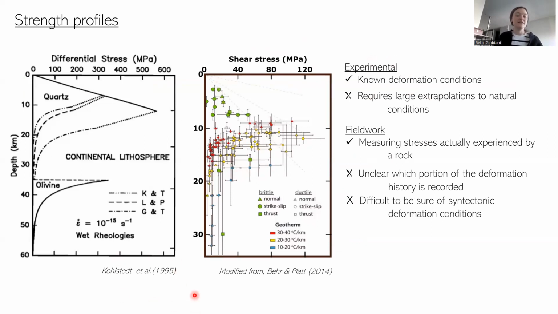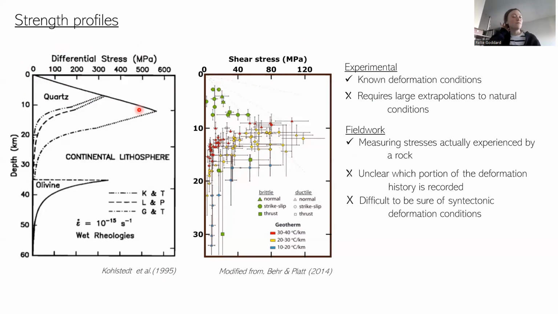So this is a set of experiments from Kohlstedt from 1995, quite a long time ago, but it's still a wonderful experimental study. And so they have differential stress on the x-axis and depth on the y-axis, and these are referred to as strength profiles when we construct them. And you can see we've got the brittle portion of the crust, which is this linear relationship here.